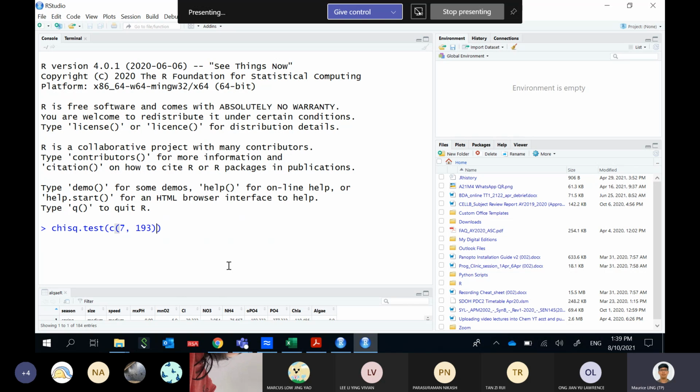This is the observed value first. You use a C function to bind them together. P is a probability, and you give them the probability itself.